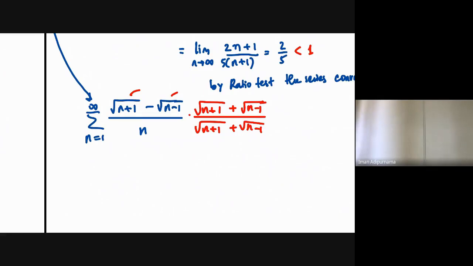So it will be this squared minus this squared, right? So it's just 1, 2, yeah, plus 1 minus minus 1, so 2, right? Okay. So it's 2 over n, and then you have the square root of n plus 1.